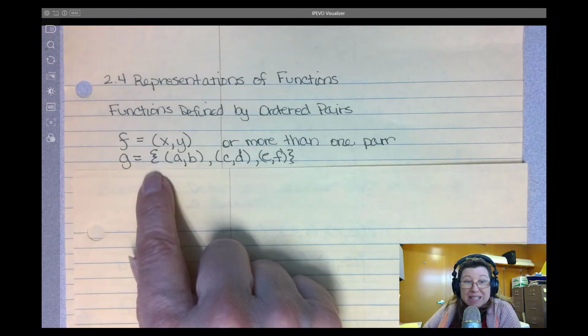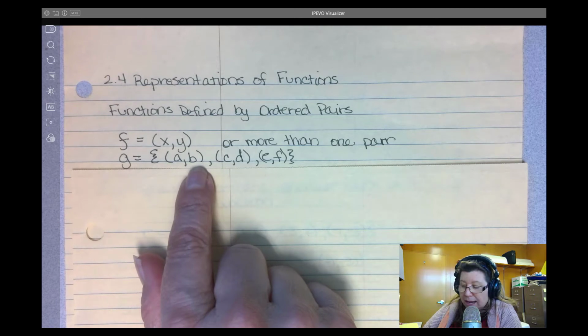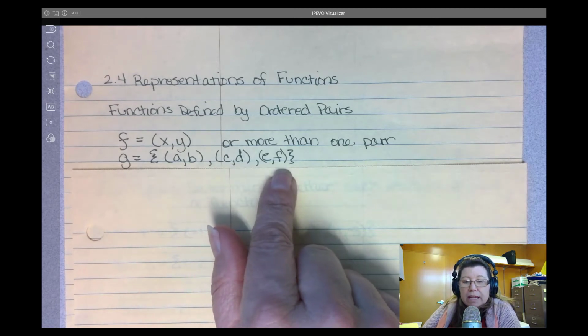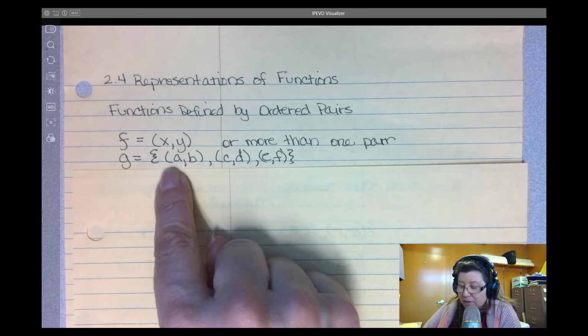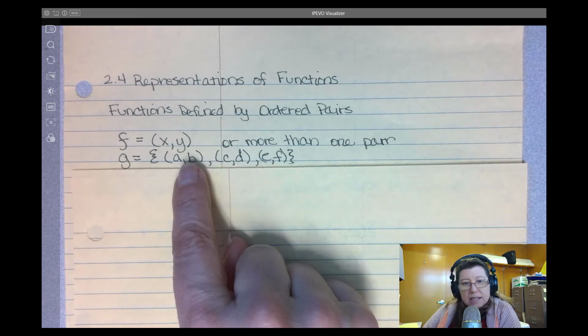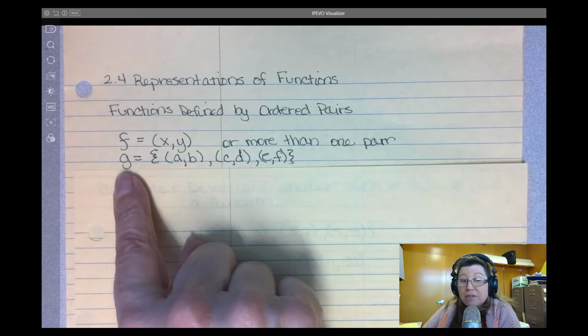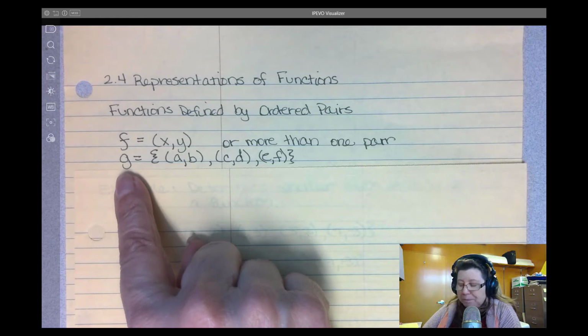These curly brackets mean set. So it's the set of (a, b), (c, d) and (e, f). The good thing is we can figure out the domain and the range very easily. The first value is the domain. The second value is the range, as long as this g is a function. We'll talk about that more.